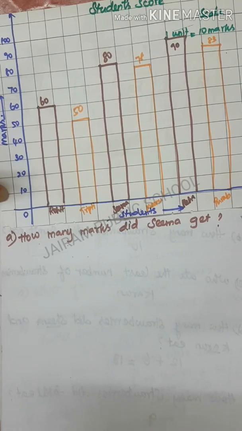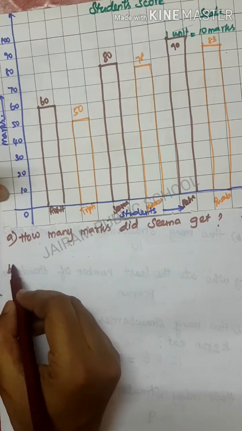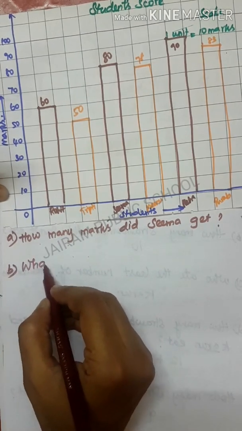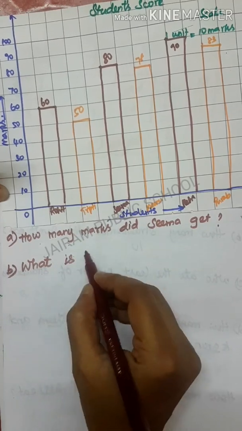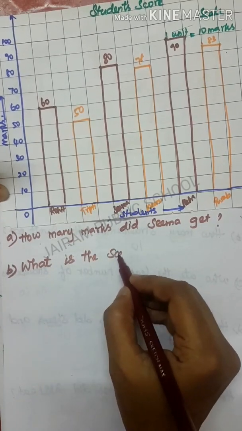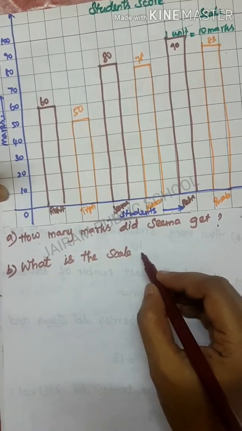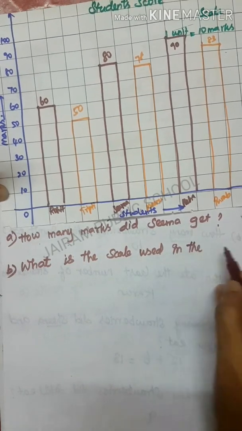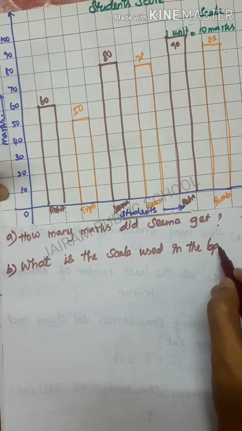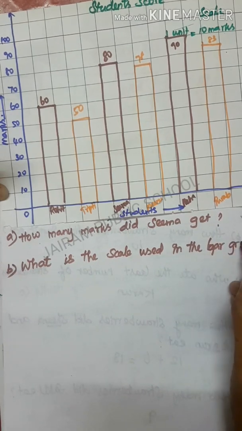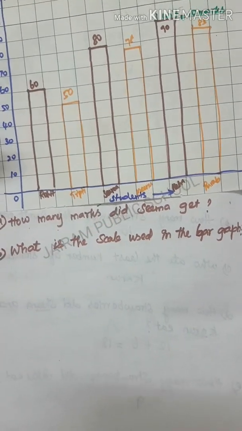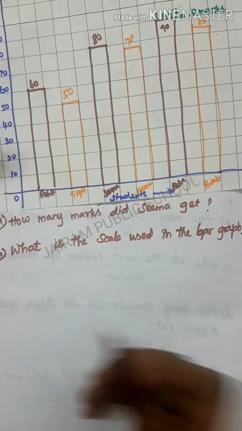So first question, how many marks did Seema get? Now B question, what is the scale used in the bar graph?